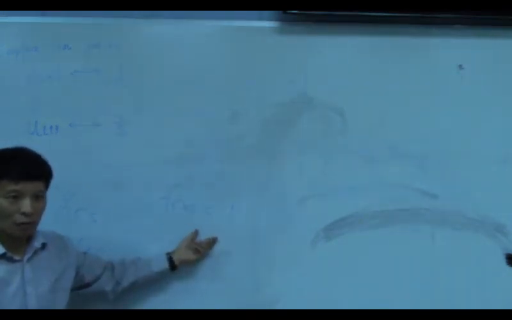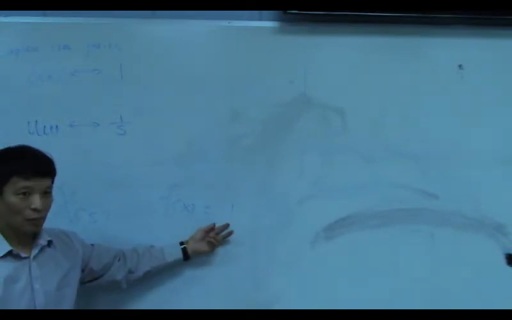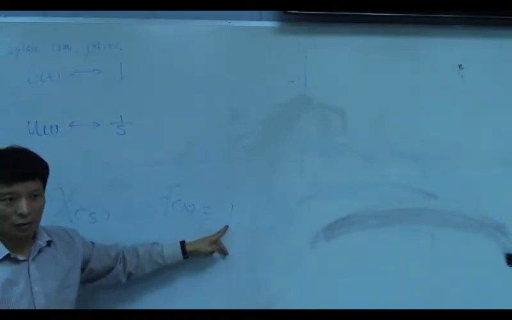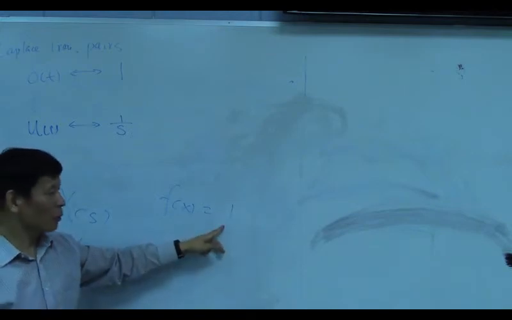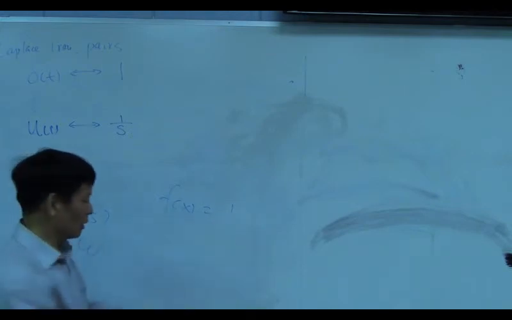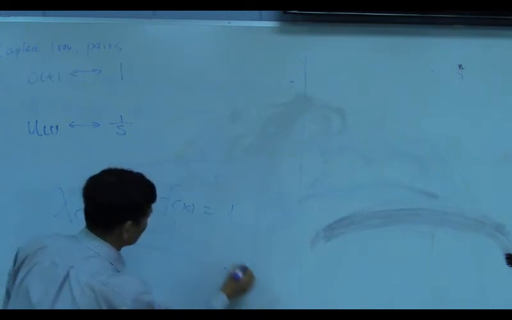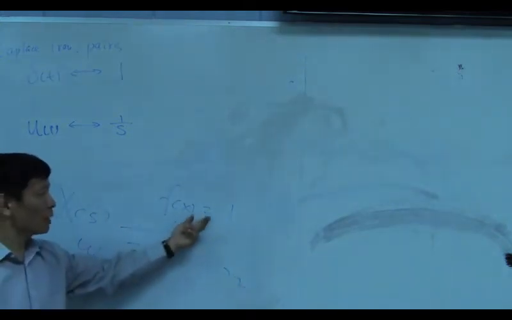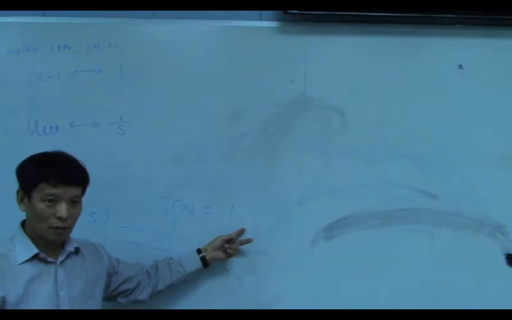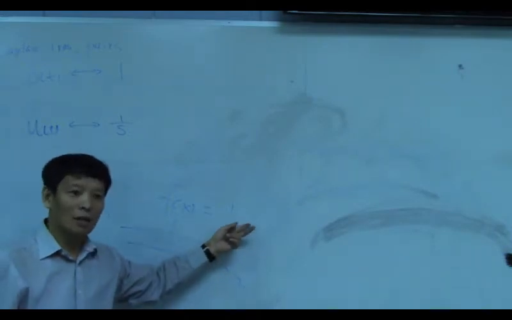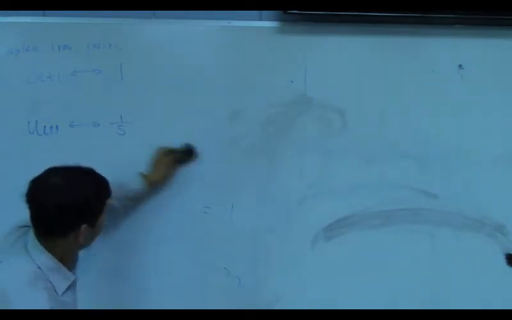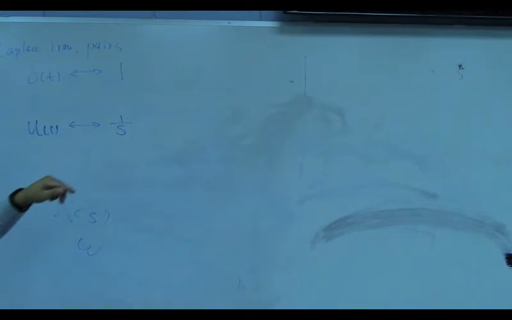Yes. What is x? No matter what x is, it always equals 1. If you draw this, no matter what, it's just like this. The x can be anything. So that means this frequency can be anything, and the frequency component is always 1.